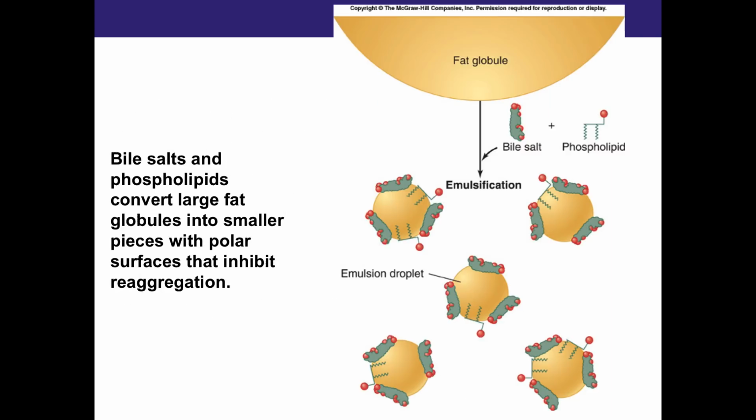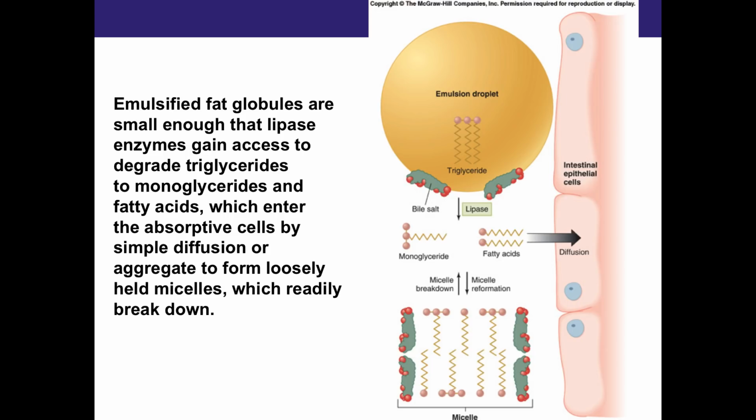Okay, so once the bile helps to emulsify the fat, the lipase can get in there and break it down into monoglycerides and fatty acids, which can easily move across the epithelial cells.